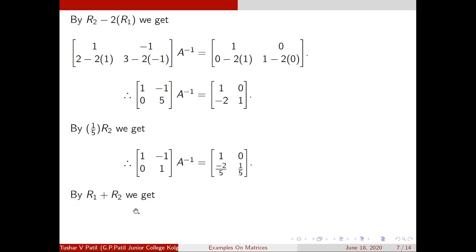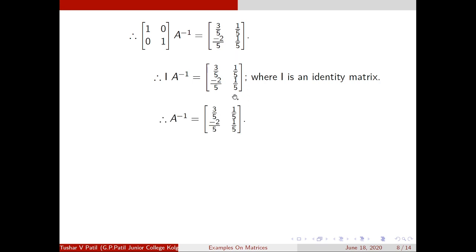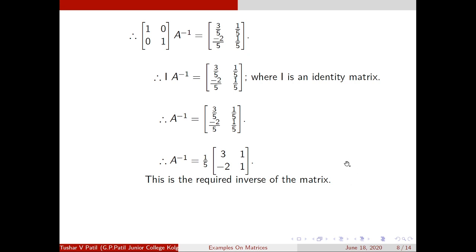Next R1 plus R2, we get. Therefore identity matrix into A inverse is equal to the required matrix. Further, one can easily take 1 by 5 common outside. This is the required inverse of the matrix.